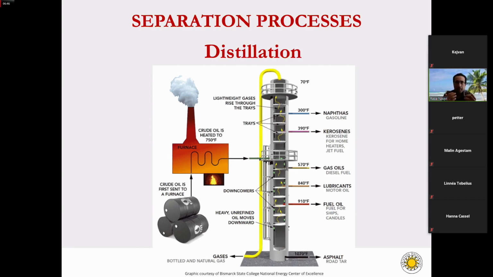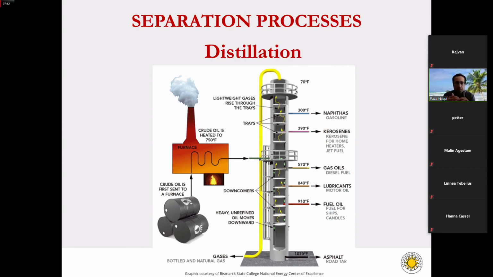But in many, or most, applications in the chemical process industry, we might be dealing with a mixture like crude oil. So crude oil contains many dozens of different types of components. We use distillation to separate those components on the basis of their boiling points, or on the basis of their volatilities, right?